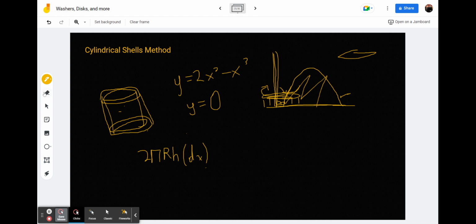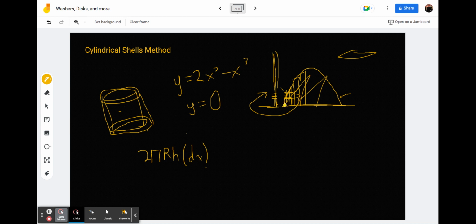A better way to think about it, if you're not fully understanding this hollow cylinder thing, is if I split this shape up into a bunch of little rectangles, and I rotate each of those around, I'll end up with the cylinder.